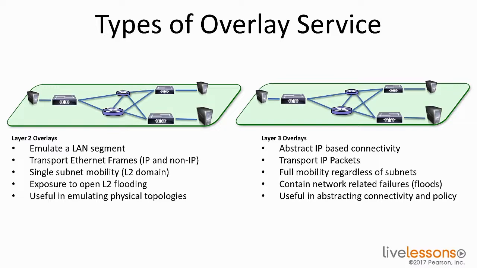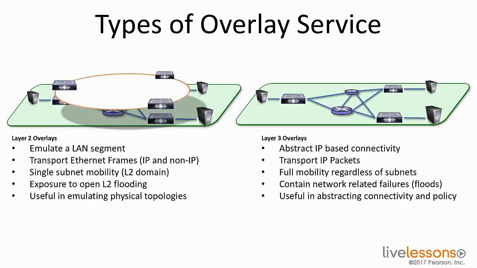If I can reduce the amount of spanning tree in my environment, but still allow workload mobility over layer 2, that sounds like the perfect solution. And in this case, I can do that with an overlay like VXLAN or NVGRE.